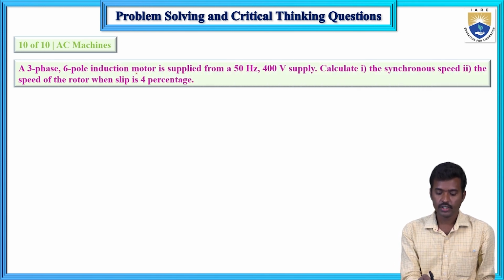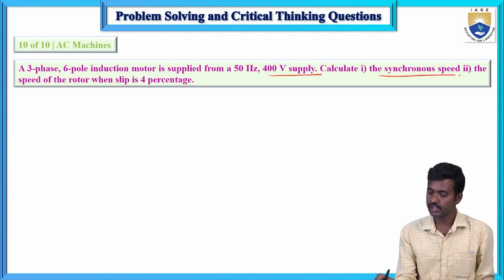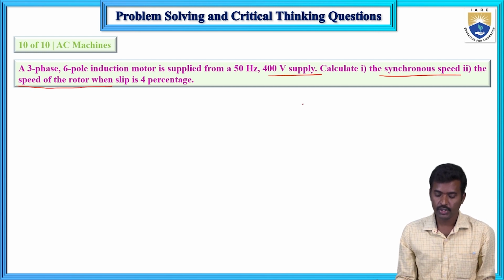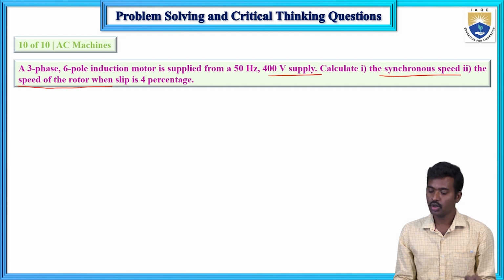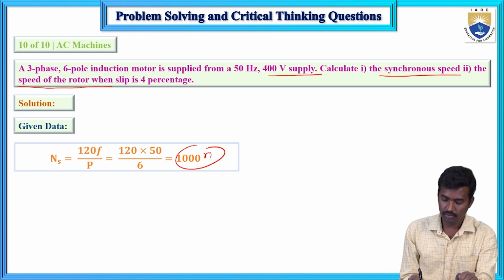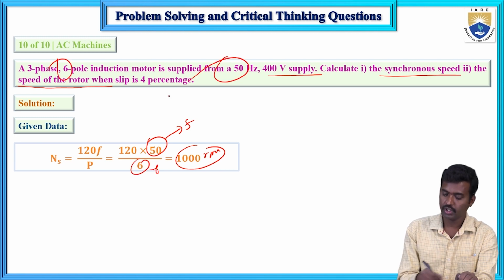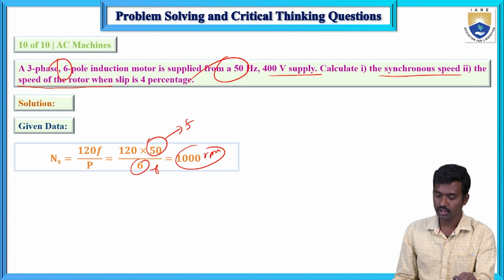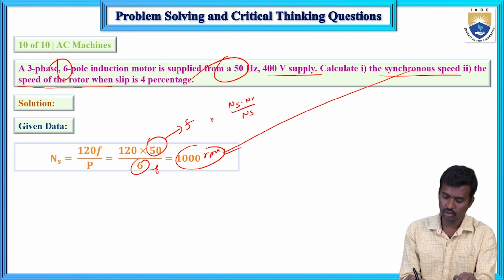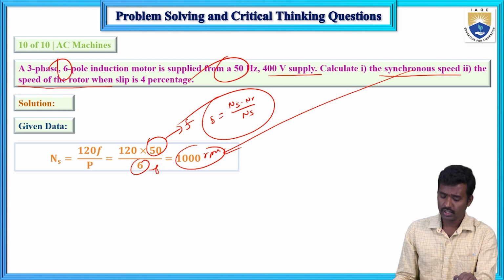A 3-phase 6-pole induction motor is supplied from a 50 Hz, 440 volt supply. Calculate the synchronous speed and speed of the rotor when slip is 4%. Same thing, 120 F by P, 1000 RPM. This is the frequency and this one is the number of poles, 50 Hz. Synchronous speed is 1000 RPM. Next, the speed of the rotor: NS minus NR divided by NS equals slip.